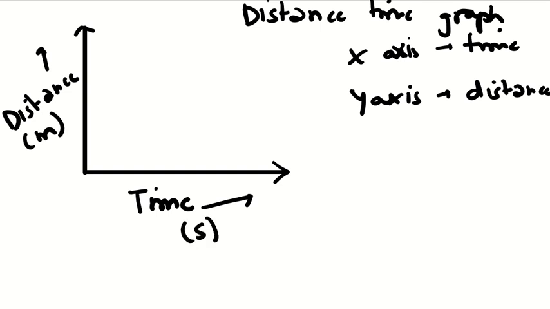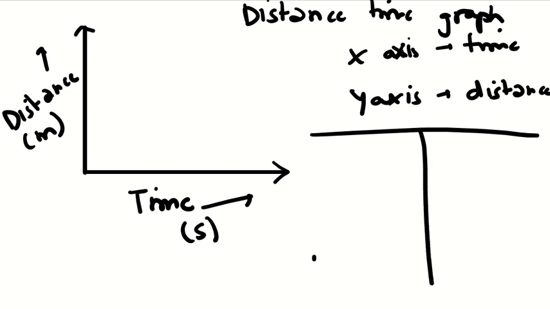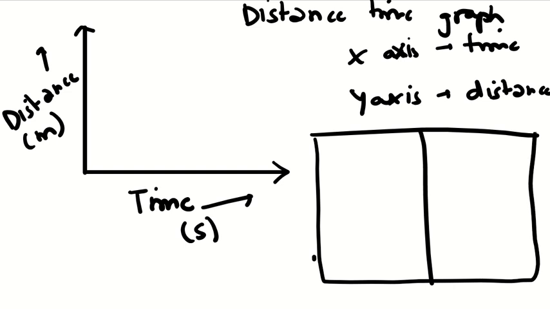Now, if I talk about different types of graphs, basically we are going to plot a graph of distance and time. For example, if I have taken a car, this is the distance, this is the time.